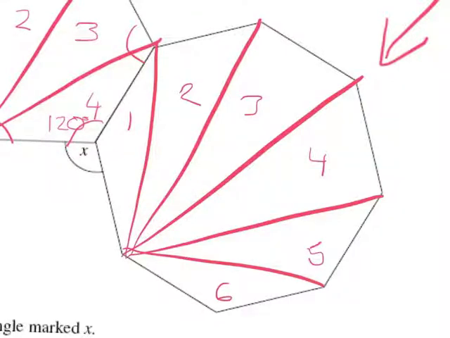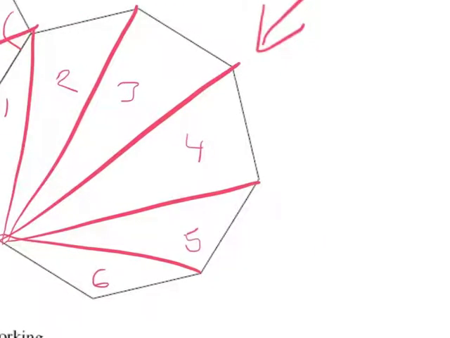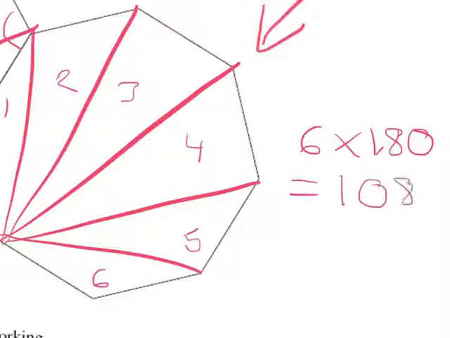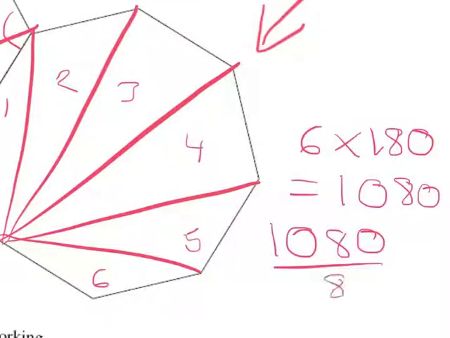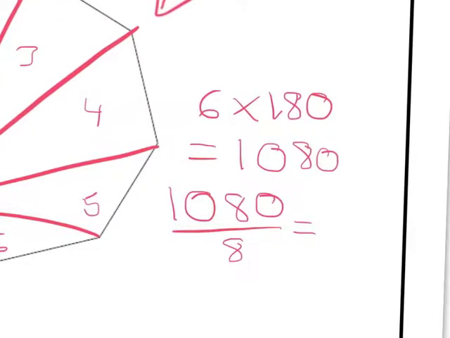So we've got 6 times 180, which equals 1080. And then to find out what one of those corners would be, we do 1080 divided by the number of corners, which is 8, and that gives us 135. So just move that over and write in 135.